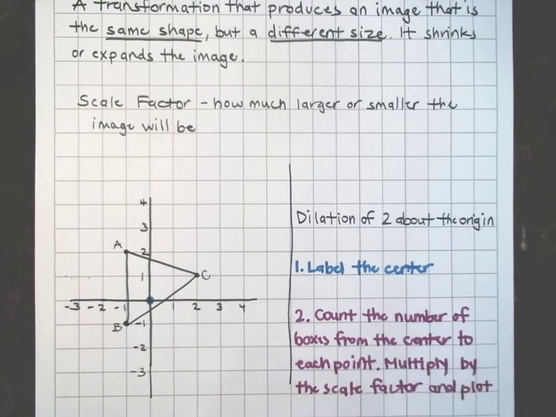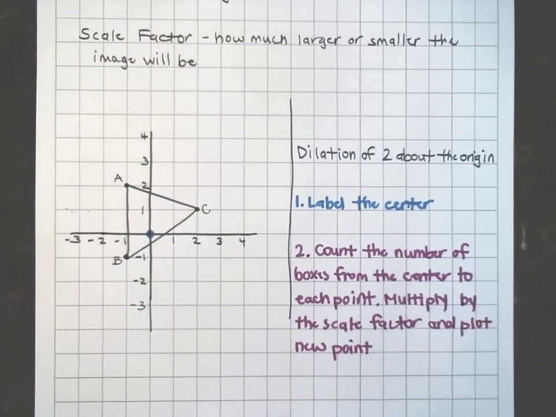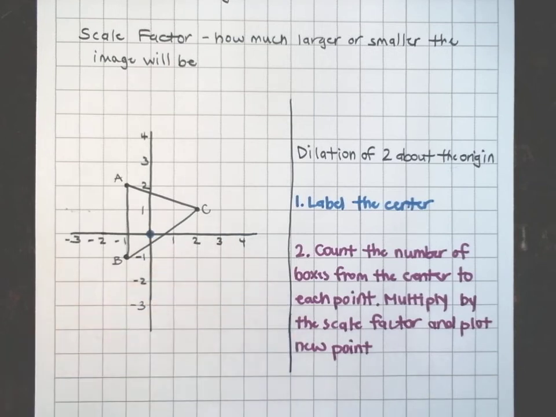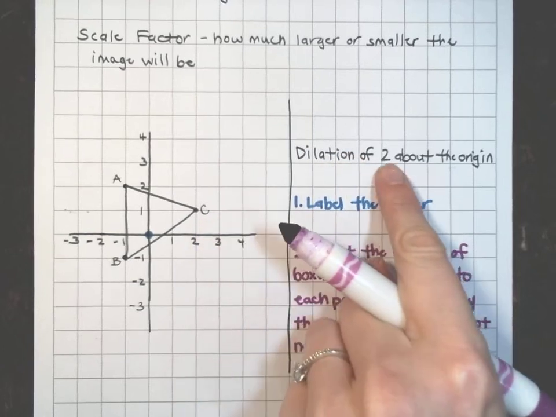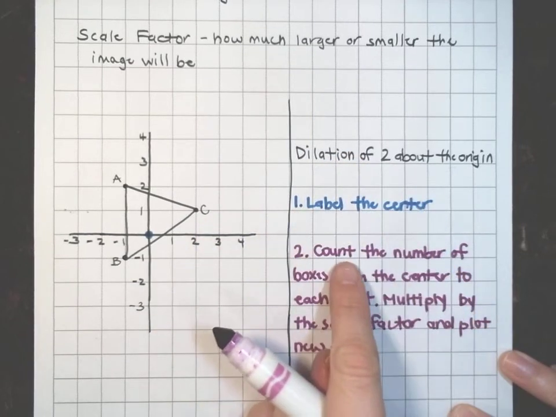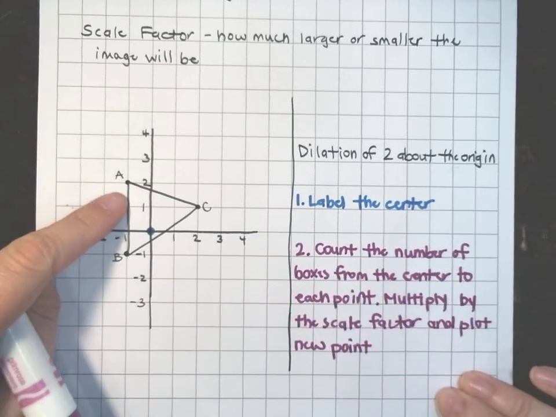And plot the new point. Okay, so it's wordy, but it's pretty simple. So we are dilating by 2. Keep that in mind, and then we're going to count the number of boxes from the center to each point. So let's go in alphabetical order.